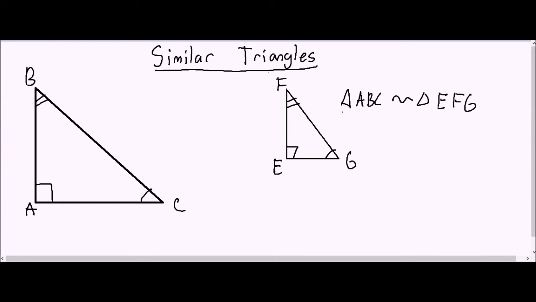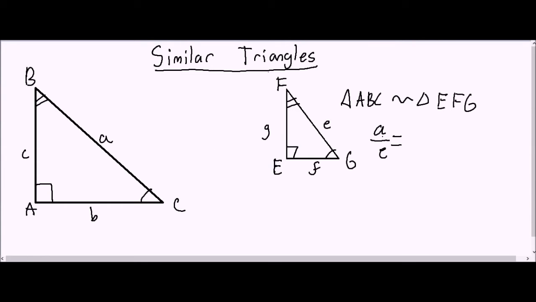Now, there's a few properties that are associated with this. If we draw some side lengths on here for each triangle, noting that these variables are lowercase and different from the angle variables, we can say that a, which is opposite of the 90-degree angle on the first triangle, ABC, divided by e, the side opposite of the 90-degree angle on the other triangle, is the same thing.